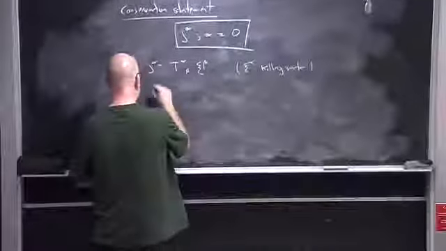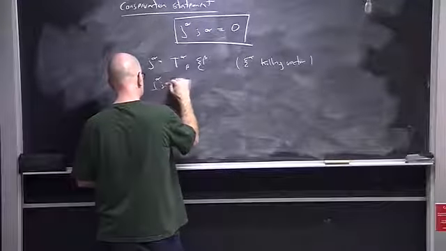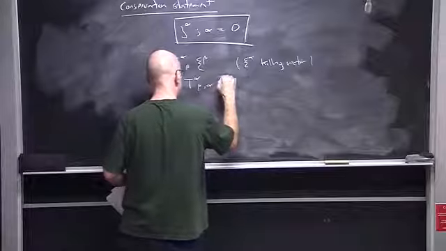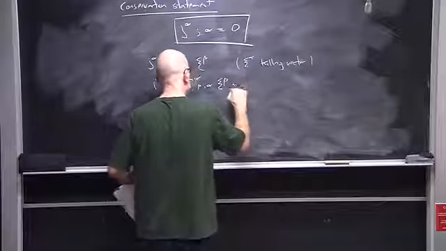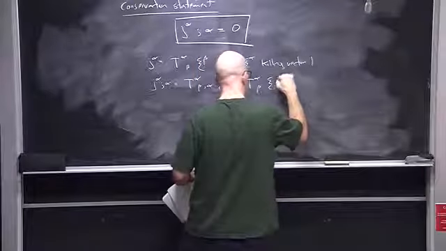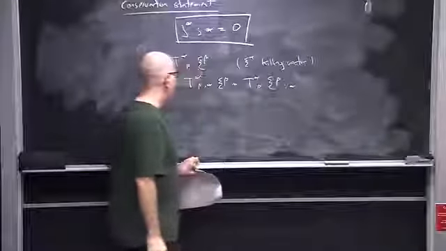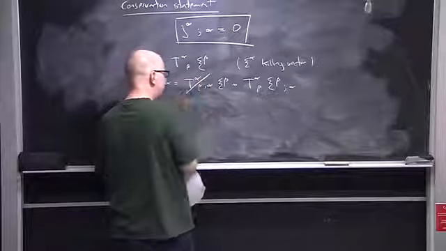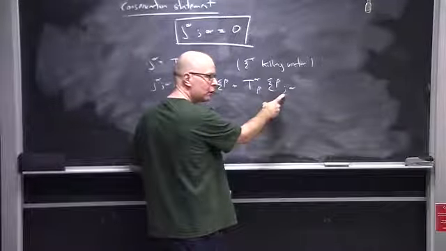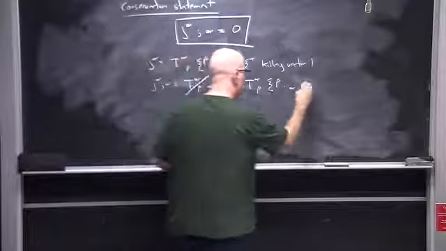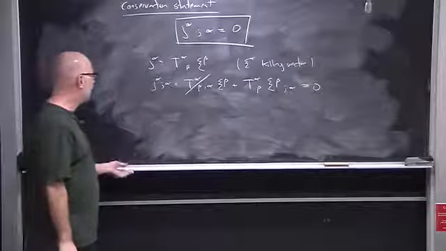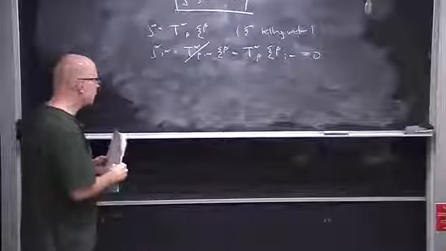Then you can check that the divergence of J is equal to the divergence of T, which is 0 by energy momentum conservation, plus T times the divergence of the Killing vector. T is symmetric and the derivative of the Killing vector is antisymmetric, so this is 0. So in both cases, we have a conserved vector like this.